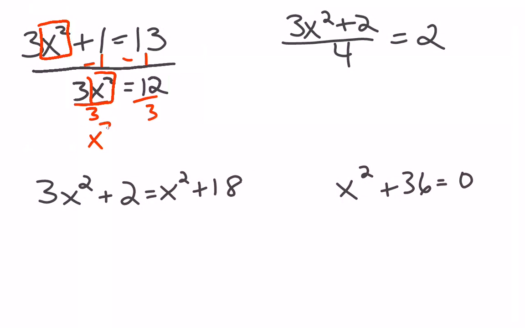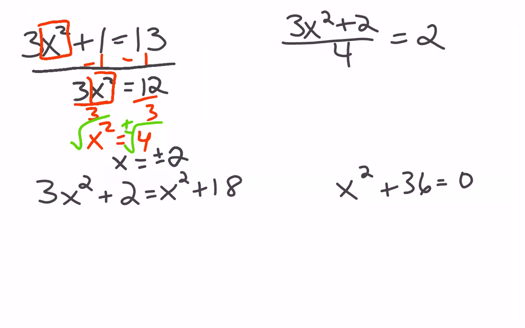So I get x squared equals 12 divided by 3 is 4. And now I'm going to do the square root of both sides, but don't forget to put a plus or minus. So this means my answer is going to be plus or minus the square root of 4, simplified, which is 2. What that means is if I plug in positive 2 to my original equation, it works, and if I plug in negative 2 to my original equation, it works.